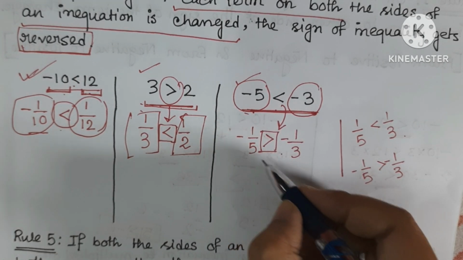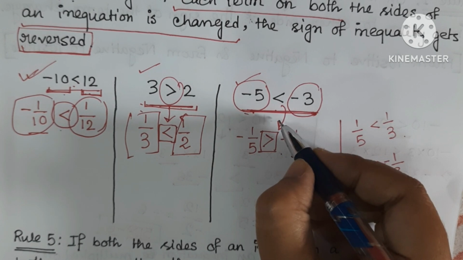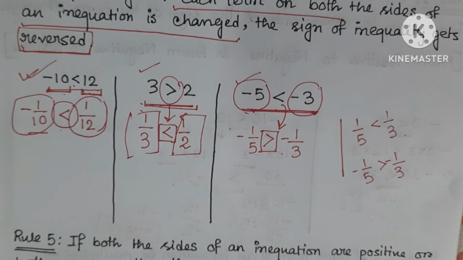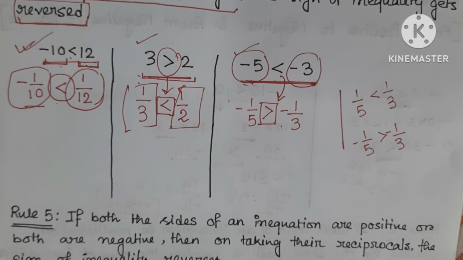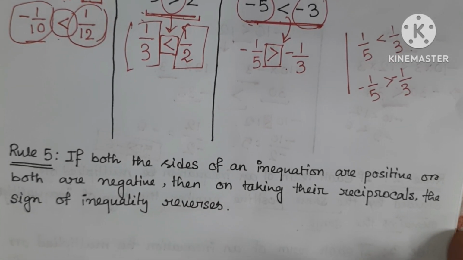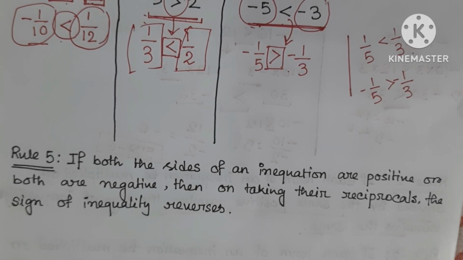Now, if you take the reciprocal, the sign of inequation has changed, right? So from here we can get another rule, rule number 5.